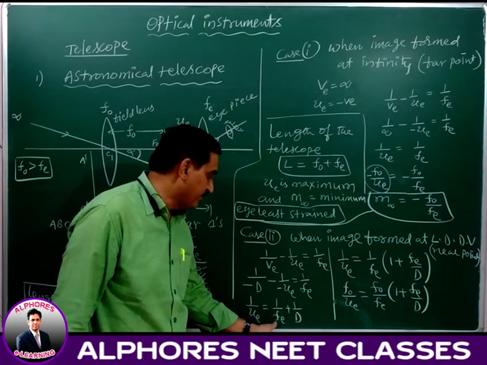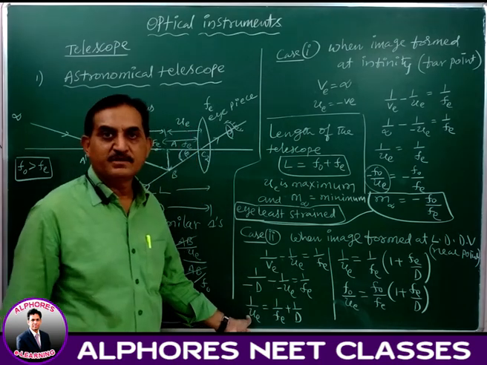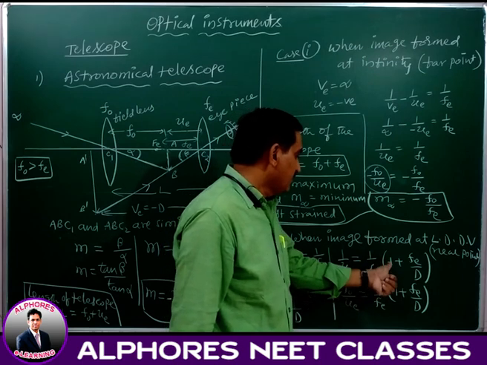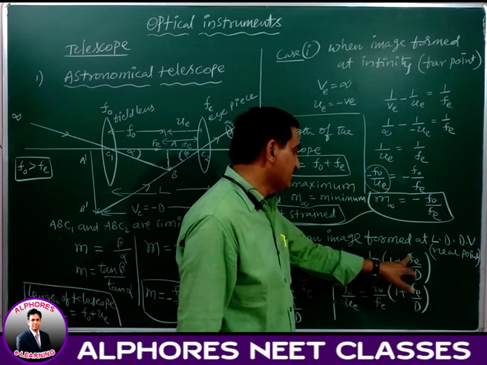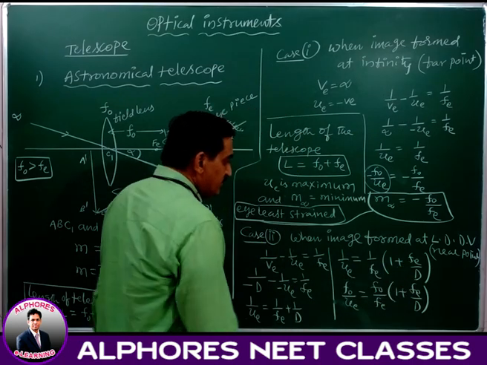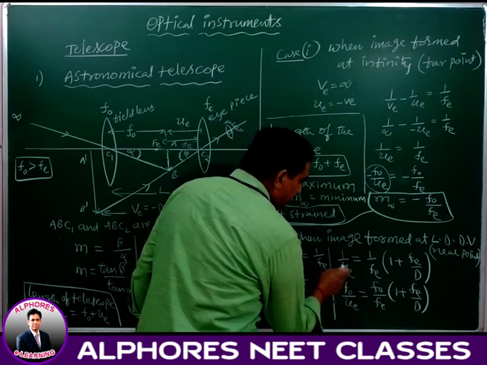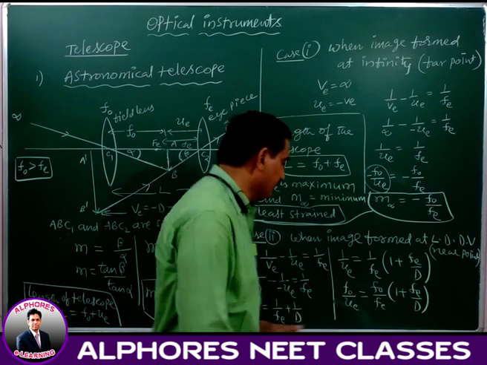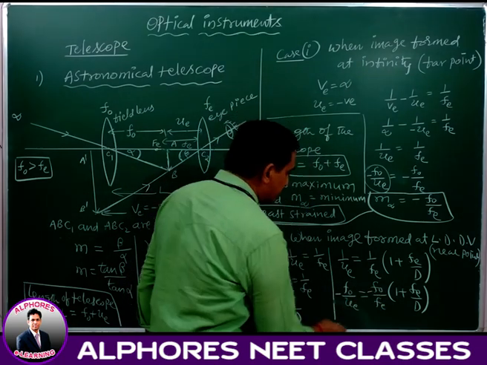Simplifying this, the minus 1 by D goes to the other side. Now it becomes 1 by FE plus 1 by D, which is equal to 1 by UE. Now 1 by UE is equal to 1 by FE, taking it common, then it becomes 1 plus FE by D. Multiply this equation by F naught on both sides, and in the fundamental magnification formula, taking minus on both sides.